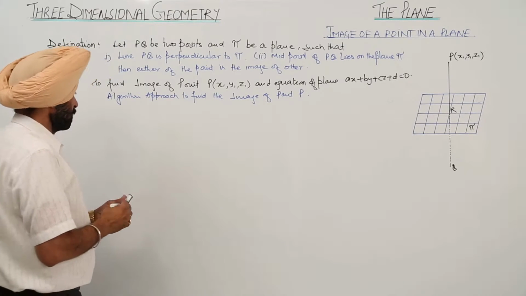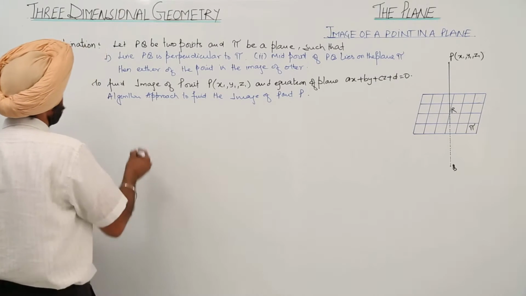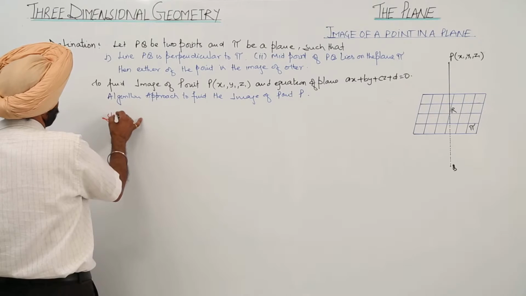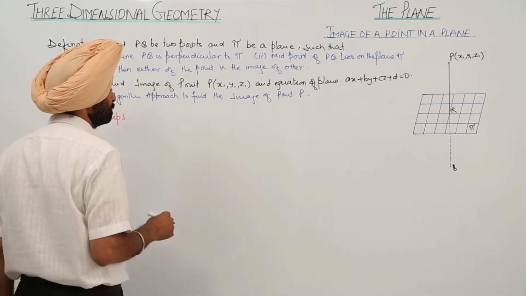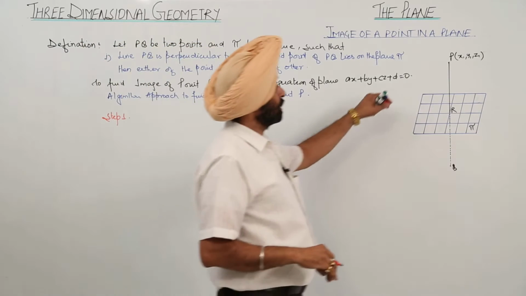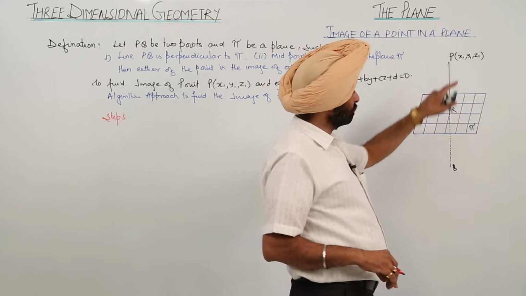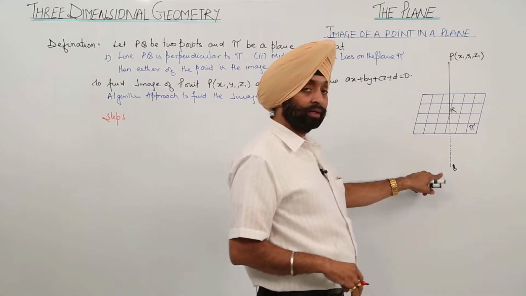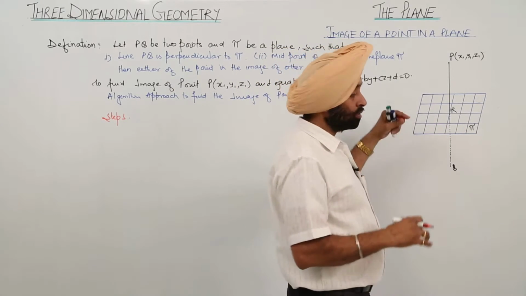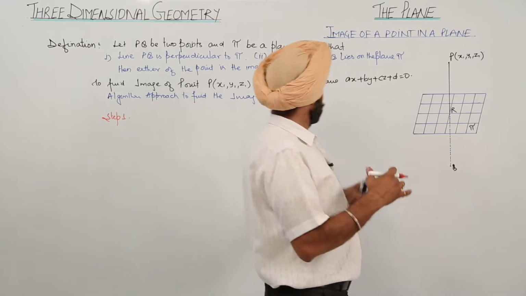Now step 1. The coordinates of P are given to us, and the equation of plane pi is given to us. Now we have to find the coordinates of point Q. So what steps are we going to write? Let us discuss this.